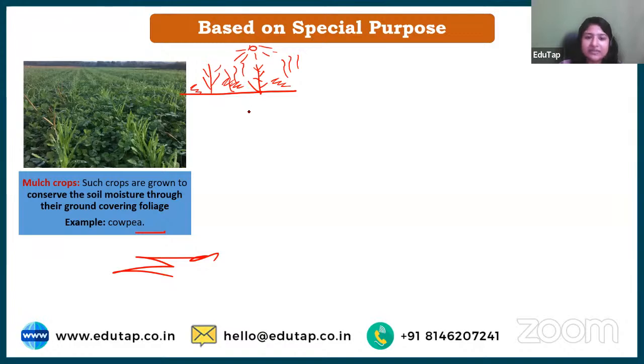So we grow such crops which cover the land horizontally, because if the land is covered, the sun will not directly hit the ground and moisture will not be lost. So mulch crops are such crops that are grown to conserve the soil moisture.